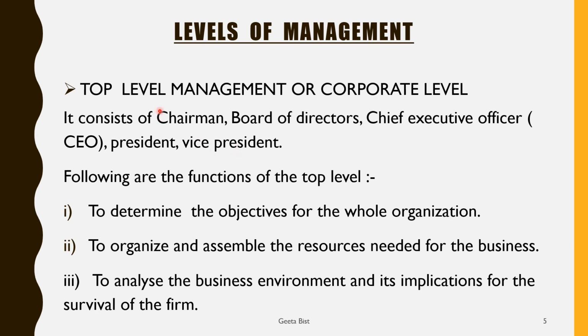These people are a part of the top level management of an organization because they're involved in crucial functions like to determine the objectives for the whole organization. And we know the objectives are the end results that the management desires to achieve. So, while determining the objectives of the organization, this top level management also assesses the resources available and also assesses the resources required for the business.